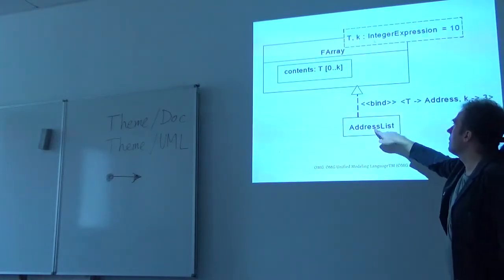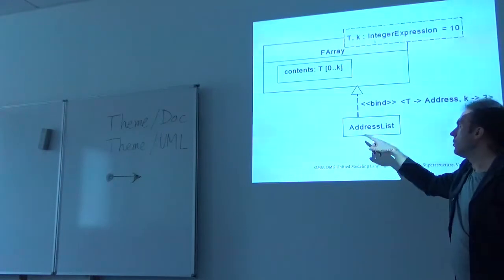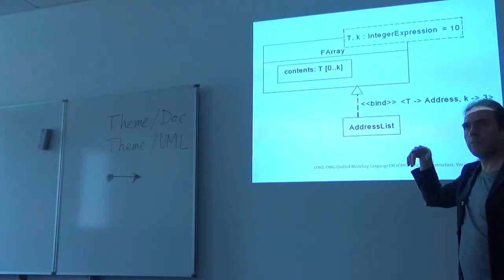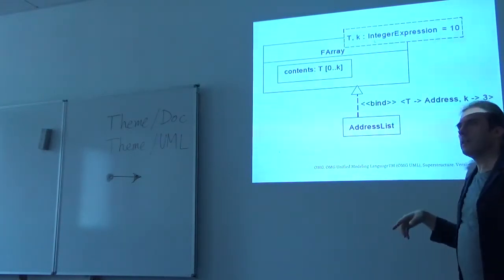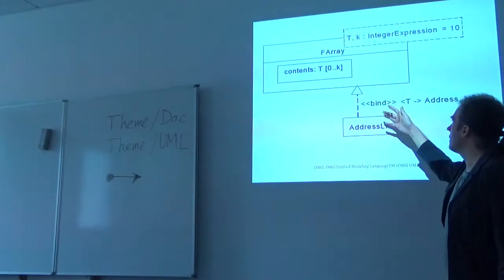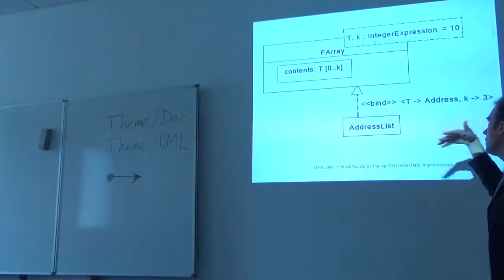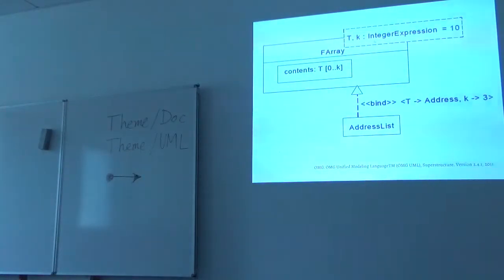So this element realizes this one. Usually you see this with interfaces, that a class implements an interface, but here it is used with this bind stereotype, and it changes its meaning substantially.